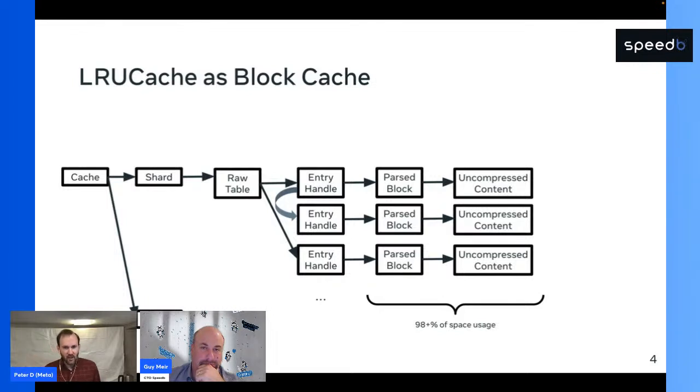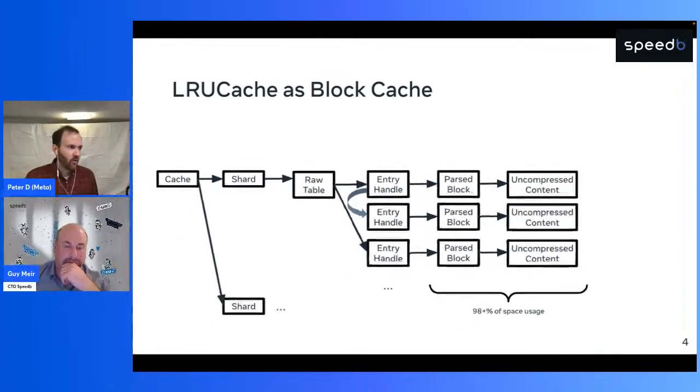And the handle keeps track of the reference count of these entries in the block cache so that they can stick around potentially indefinitely, or make sure that they're reclaimed on an LRU basis, et cetera.